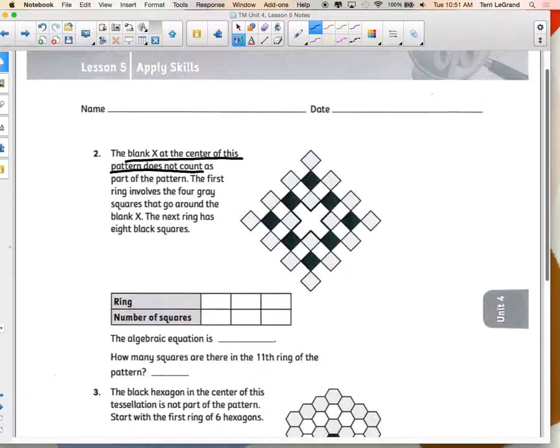So what we're going to do with our highlighter this time is highlight that X that does not count. We are not going to pay any attention to that.